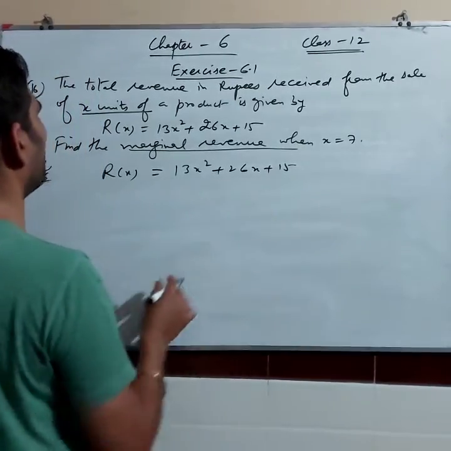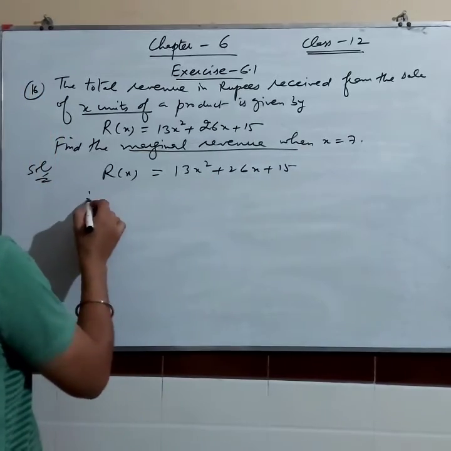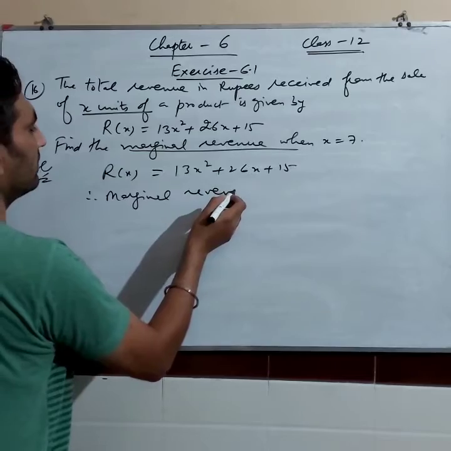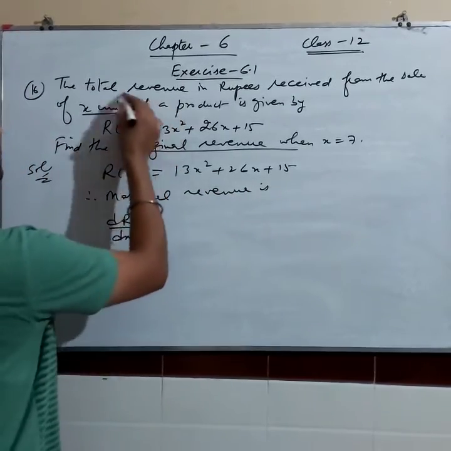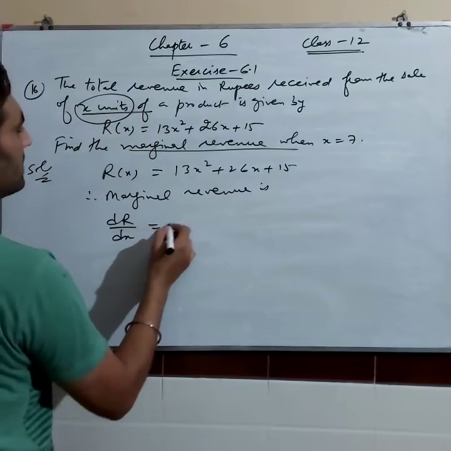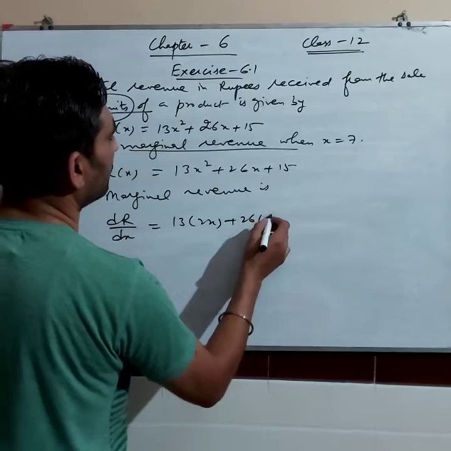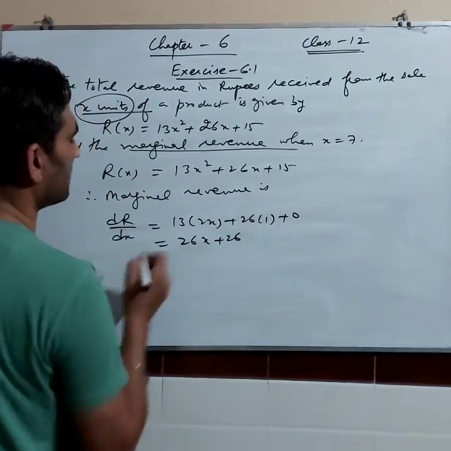Marginal is nothing but the derivative. So marginal revenue is dr over dx, because we are dealing with x units, is 13 into 2x plus 26 into 1 plus 0, or 26x plus 26.